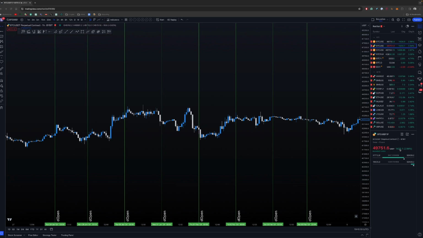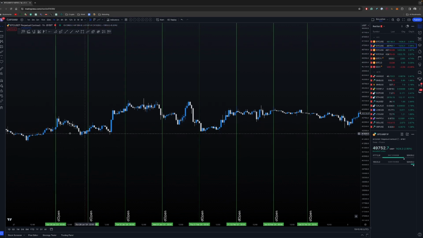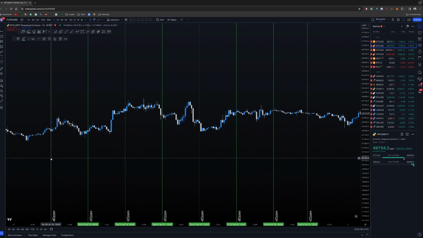So let's look at a couple of practical examples just to make it more clear, or have some real life examples of what it is. Here we have daily opens. It's actually good to mention, I almost forgot, that the daily opens are calculated on UTC plus 0 time zone.